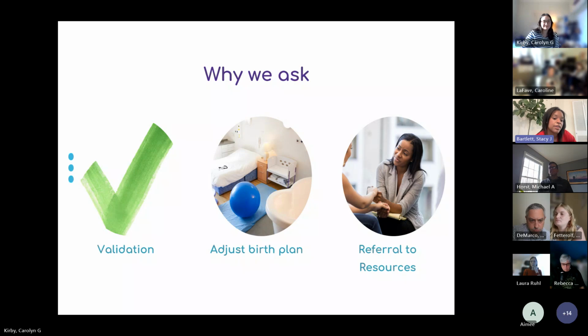Secondly, to be able to do something with that information, to be able to adjust the birth plan so that we are able to hopefully minimize re-traumatization. We're hopefully able to get a real sense of what things went well and what things didn't go well, so that we can incorporate those or hopefully eliminate the ones that were not helpful. And then also as a way to refer patients to resources, which we'll talk about at the end here.